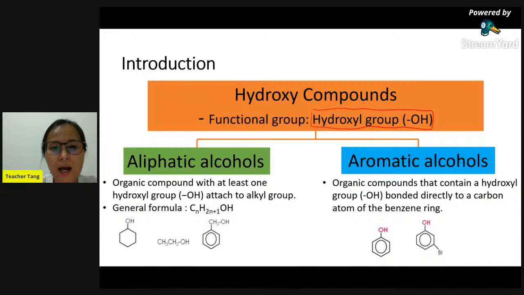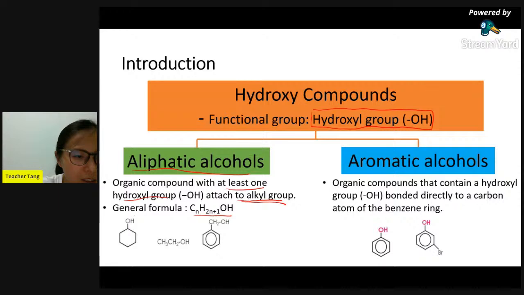Hydroxy compounds can be divided into two types. One is called aliphatic alcohol. What is aliphatic alcohol? Aliphatic alcohol is an organic compound having at least one hydroxyl group attached to the alkyl group. The general formula for aliphatic alcohol is CnH2n+1OH.